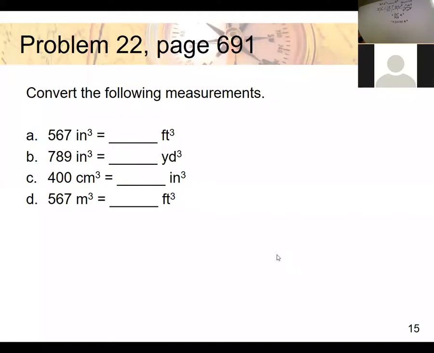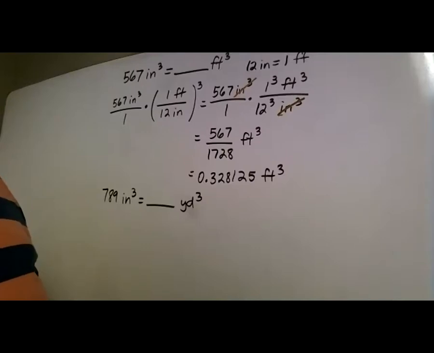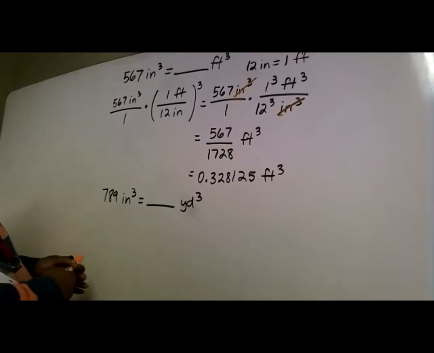Okay. Now part B, we got 789 cubic inches. We want to know how many cubic yards is that? 789 cubic inches is equal to how many cubic yards?